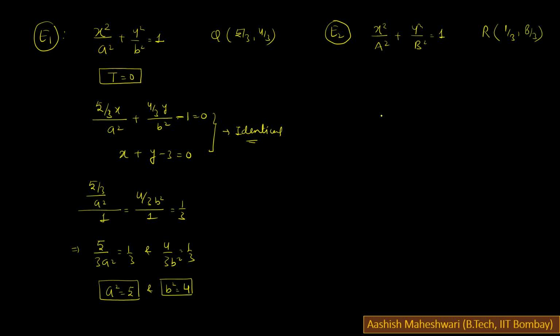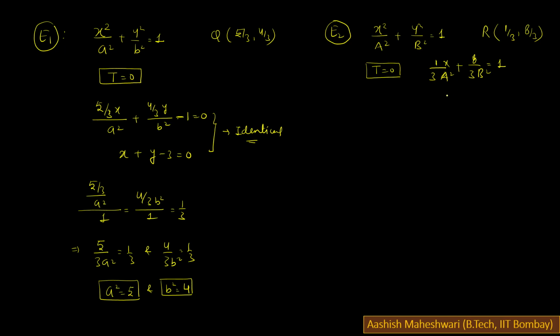Now what is the equation of tangent? You can see this is again T is equal to 0. So what is T is equal to 0? You can say this is 1 by 3 x by a square plus 8 by 3 y by b square is equal to 1. Again replace x square with xx1, y square with yy1.